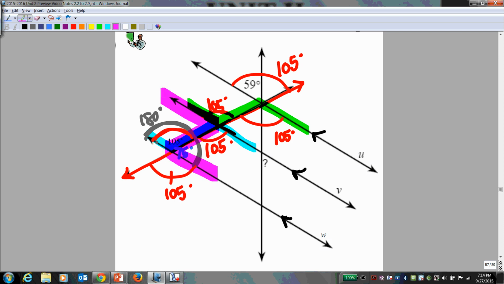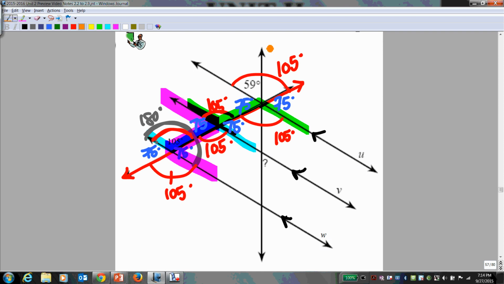Armpits of the Z. So we're going to bring that 75 up here as well. Also a linear pair. And if you watch carefully, you can just walk them straight up. All of those are 75. Whoops, forgot one. Vertical angles, right there. So the minute I tell you something's parallel, you get a ton of information.